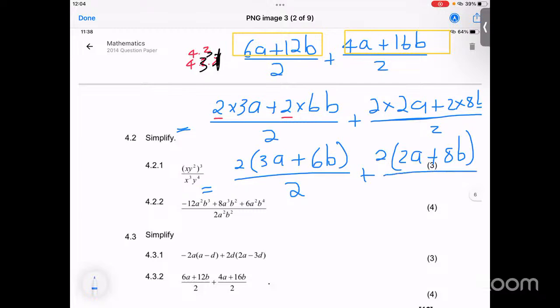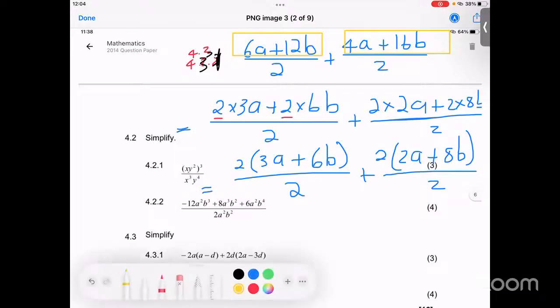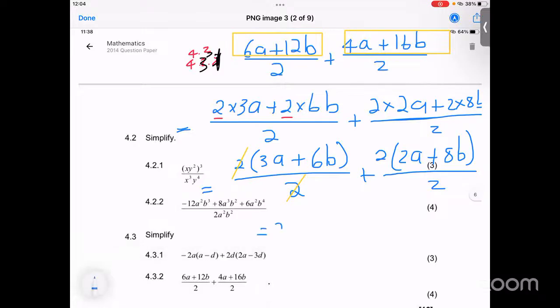Yes, and then that is being divided by 2. Look at how nice this is. The 2 that you took out as a common factor cancels with that. What is it that you remain with? You will definitely remain with just that 3a plus 6b.